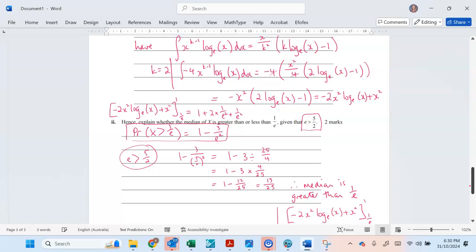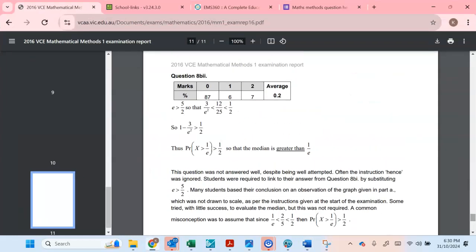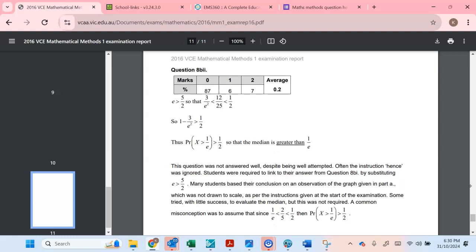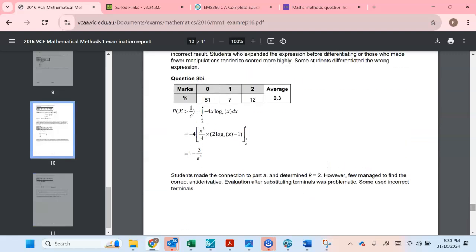Now, when I was looking at the solutions, this I think is the very last question. You can see that 87% of students didn't get any marks for this question, and it's highly likely they left it. This is an example of a question where you would think, is it worth my time answering it, especially because it depends on the previous answer.